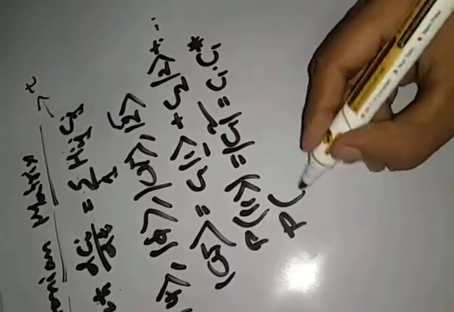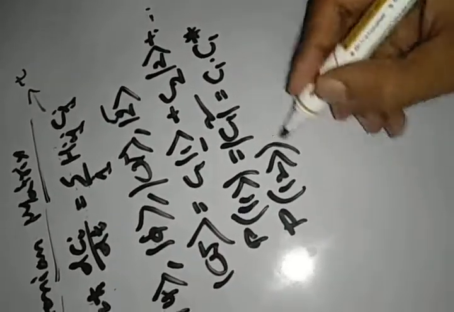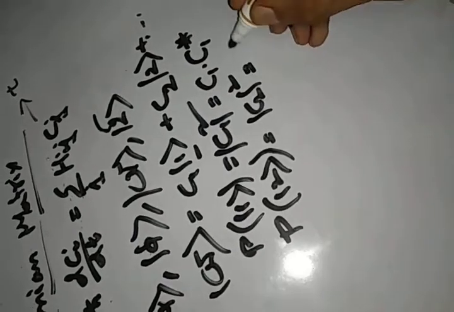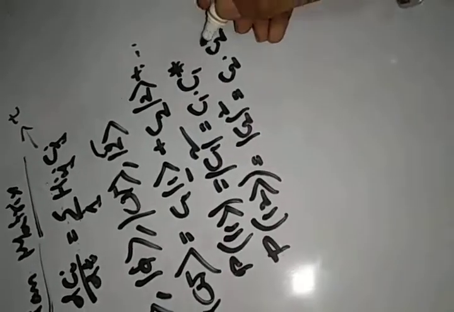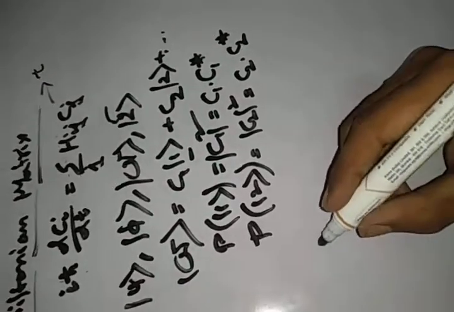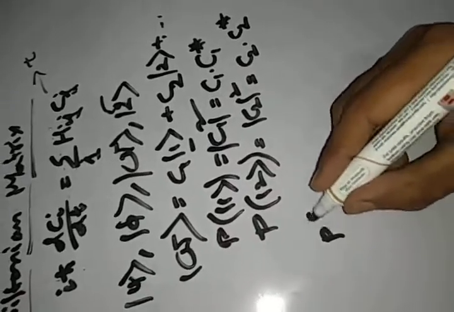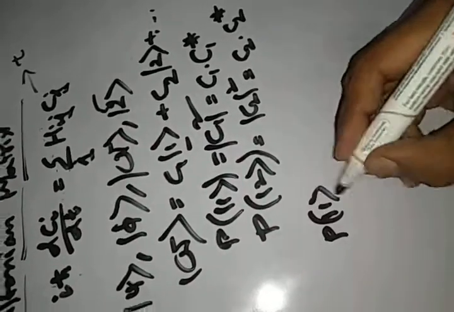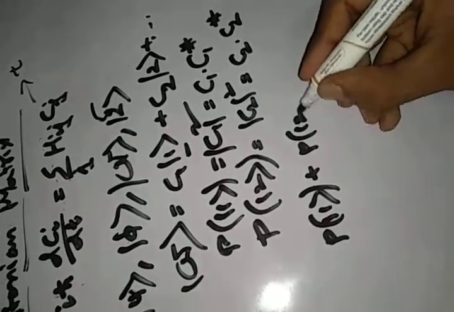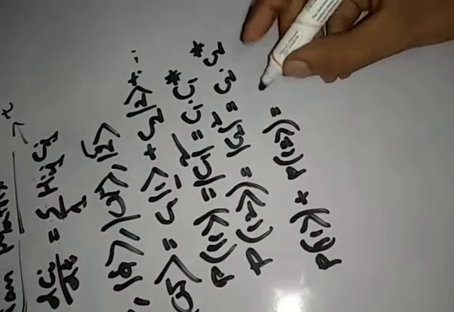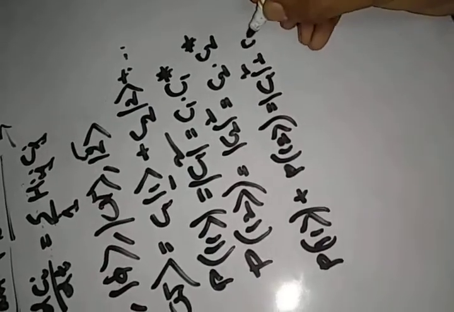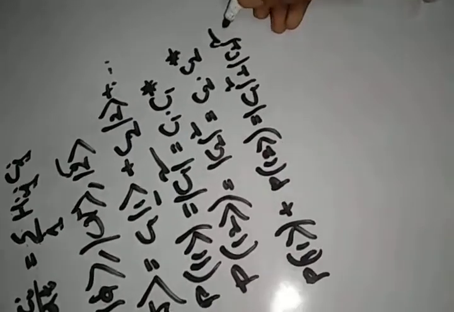Similarly, P2 will be C2 squared, C2 times C2 star, isn't it? But what we notice is that the probability of finding in this state plus the probability of finding in that state gives you, and this thing must be equal to 1.